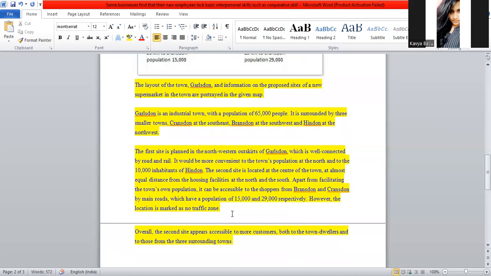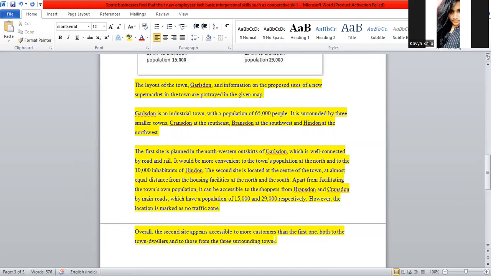What's the final wind up? We wind up: overall, the second site appears accessible to more customers, both to the town dwellers and to those from the three surrounding towns. So more customers than the first one.